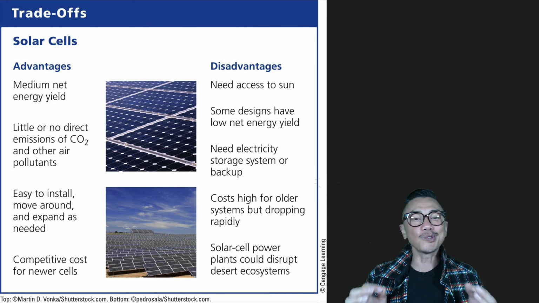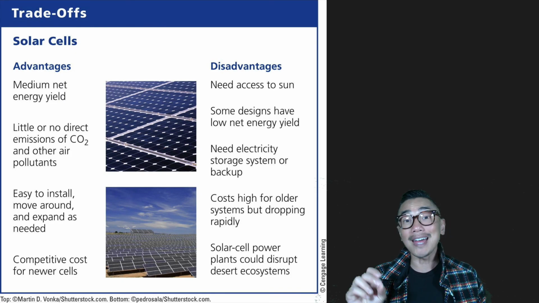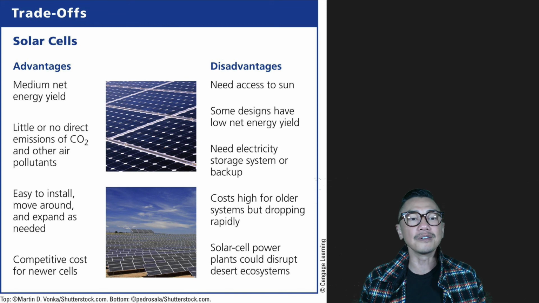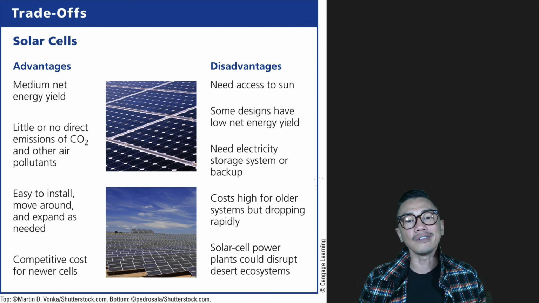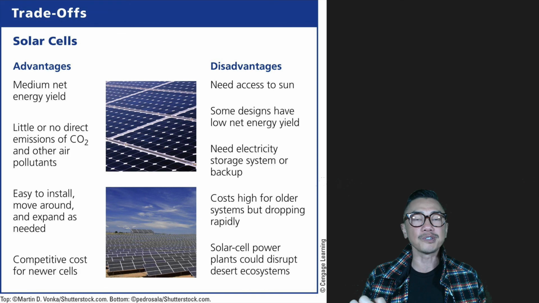In this photo, a solar photovoltaic cell panel on the roof provides electricity for lighting this hut in rural West Bengal, India. This table summarizes the advantages and disadvantages of solar cells. They are easy to install and don't produce much carbon dioxide or air pollution, but they do need ample sunlight and some kind of storage system or backup.